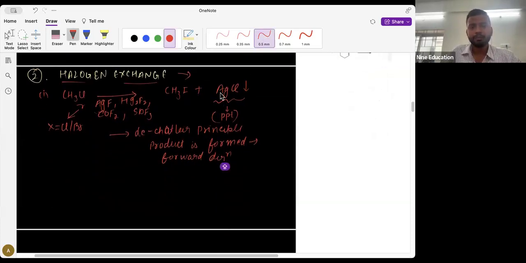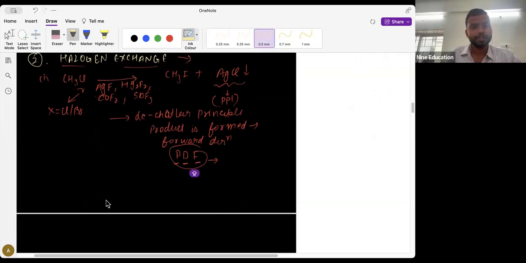If product is decreasing from the solution, reaction goes in forward direction. We have learned the mnemonic PDF that if products are decreasing, reaction will go in the forward direction. So this is one of the halogen exchange reactions.